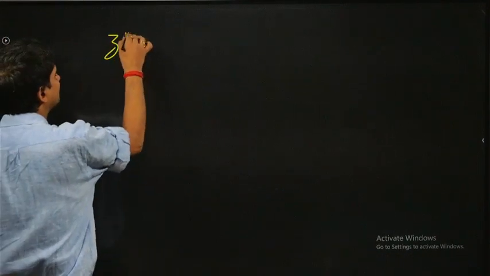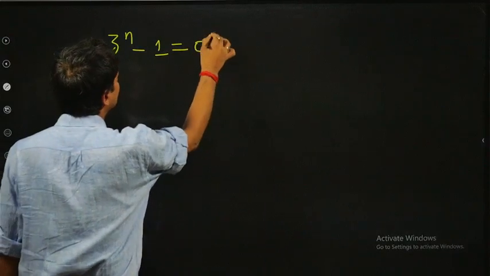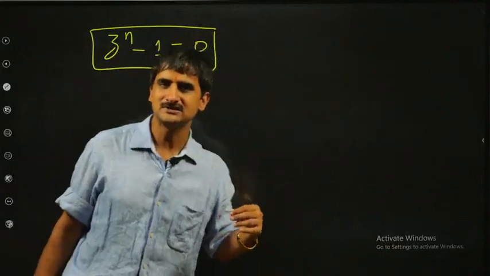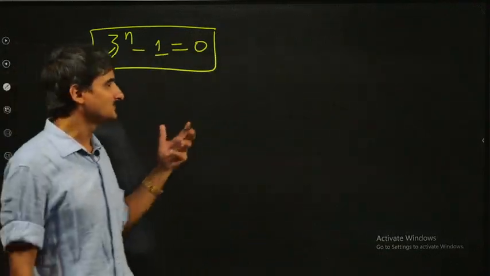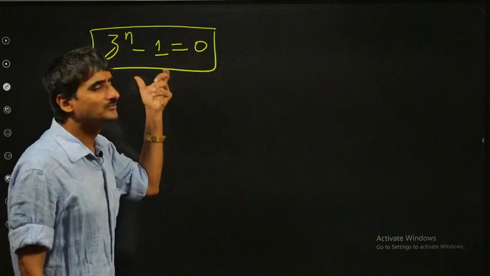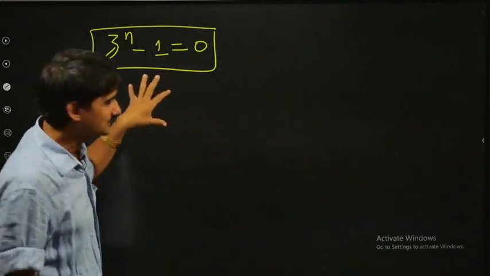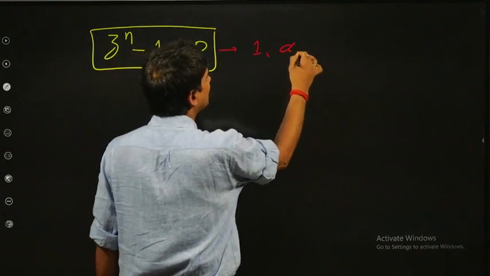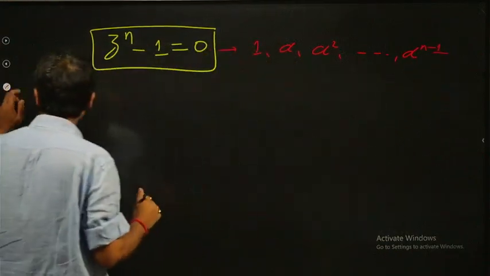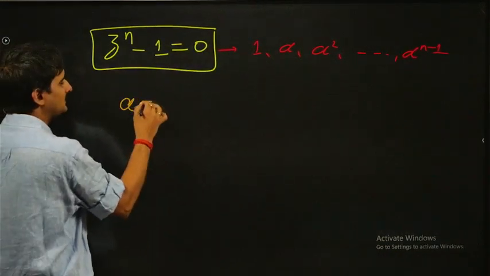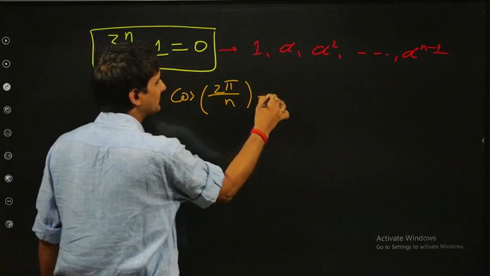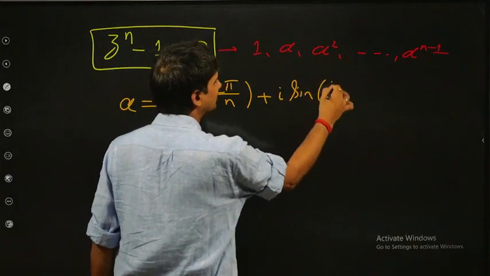Using that concept, we have already solved a few questions based on roots of unity, but still I am discussing it because a few students might be seeing this video for the first time on this channel. So I will revise a few things here. The roots of unity are the roots of this equation, and the roots are 1, alpha, alpha square, up to alpha raised to the power n minus 1, where alpha is cos 2 pi by n plus iota times sine of 2 pi by n.